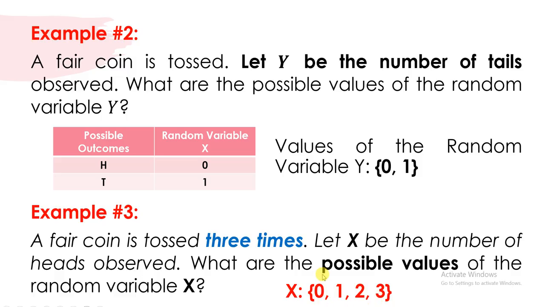Because we can get no head as we toss the coin 3 times, or we can have only one head, that is H, T, T. Another one is 2 heads or 3 heads. How about 4 heads? Can we get 4 heads in a coin tossed 3 times? Of course, it is not possible. There is no probability that we will get 4 heads in a coin tossed 3 times. So the possible values here are 0, 1, 2, and 3.